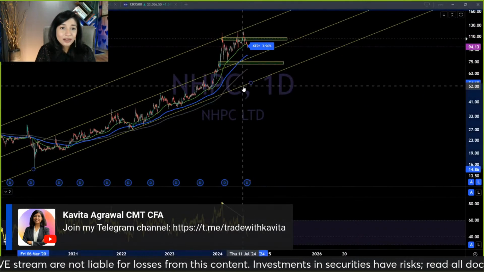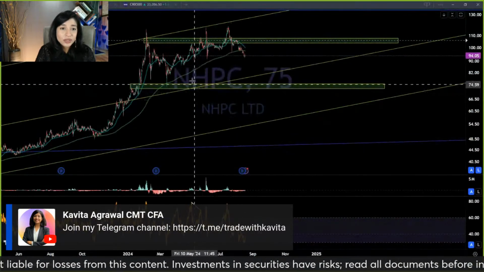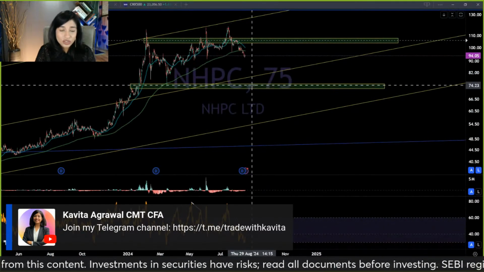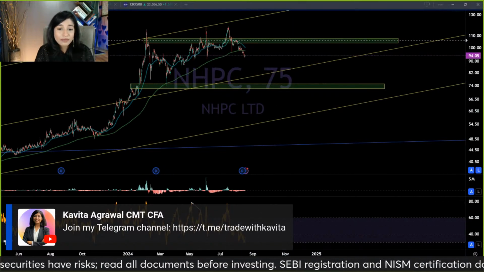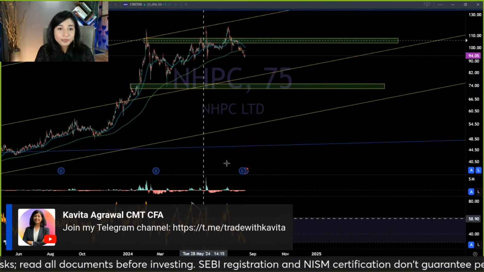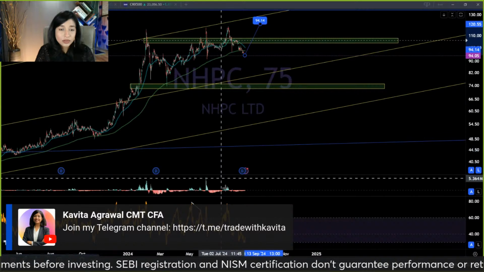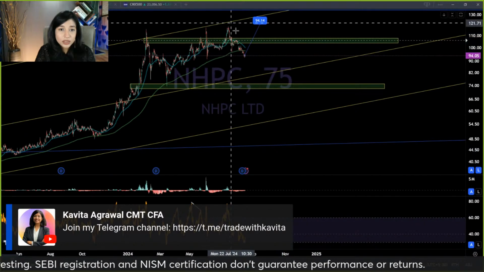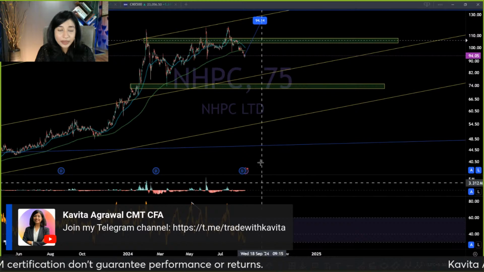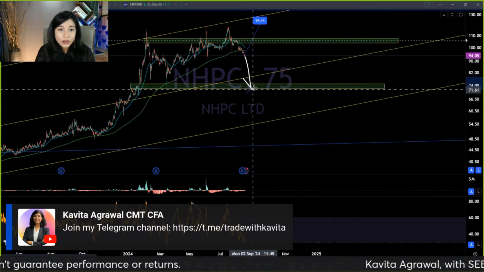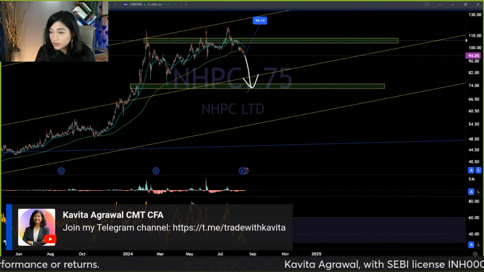So I think you might be on the losing side of this trend. I would suggest you exit and wait for the stock to retest around the level of 75 before you re-enter the stock, right? So this is what I am personally expecting, but just my opinion.